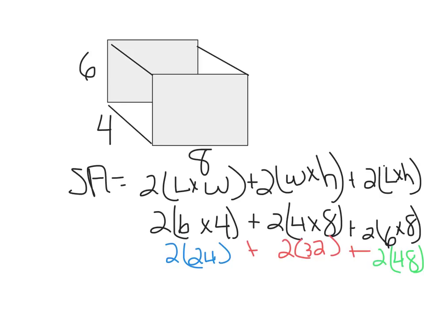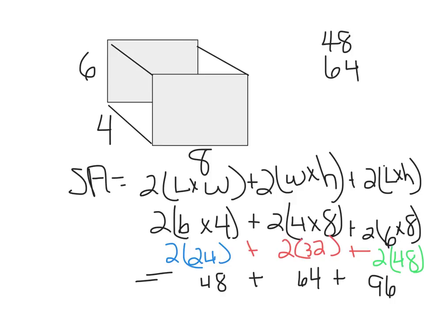So 2 times 24 is going to be 48. 2 times 32 is going to be 64. And 2 times 48, 96. And then we would have to add all those up. And those ones I can't do in my head, so I'm going to write them up here. 48, 64, 96.